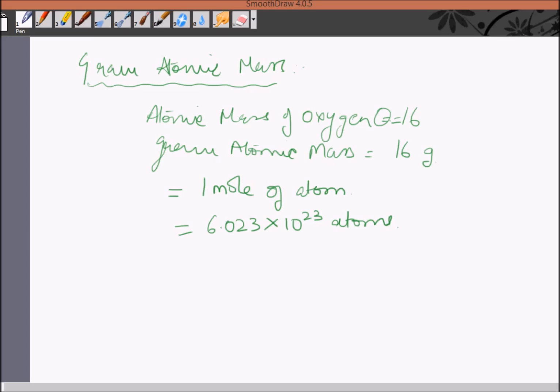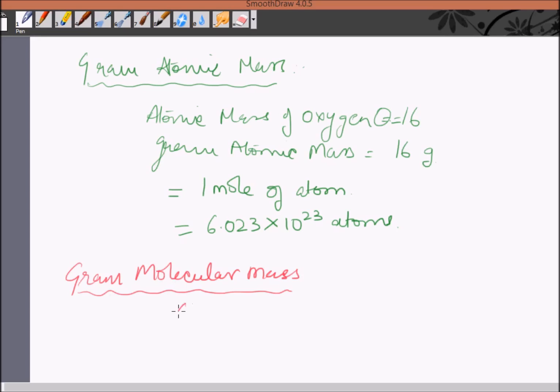And now if I talk about the gram molecular mass, it is similar to gram atomic mass. Here we just convert the molecular mass to gram molecular mass just by adding grams to the molecular mass.